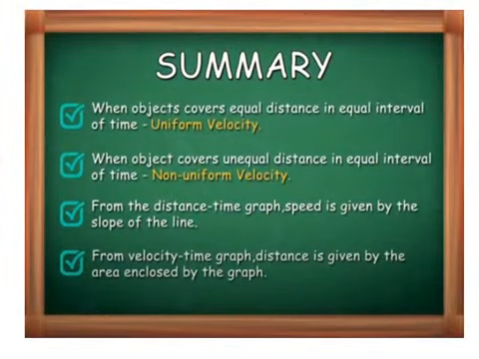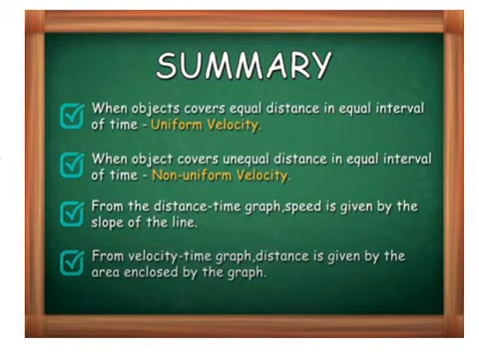Finally, we will come to the conclusion, the summary of what we have learned. When objects cover equal distance in equal intervals of time, they are said to be in uniform velocity.